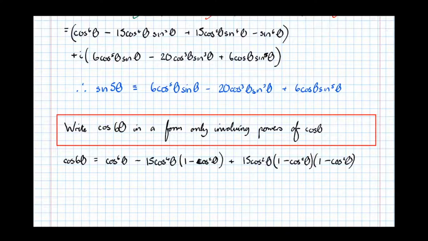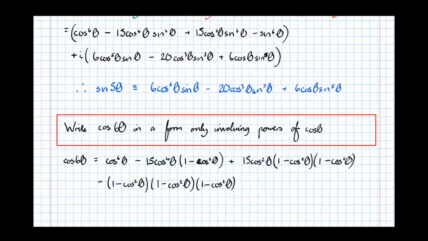Then finally take away sine to the 6 theta, take away 1 minus cos squared theta, 1 minus cos squared theta, 1 minus cos squared theta.